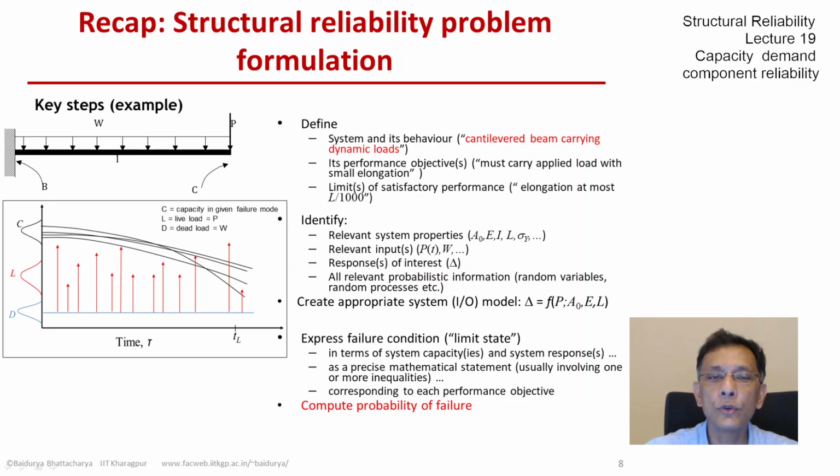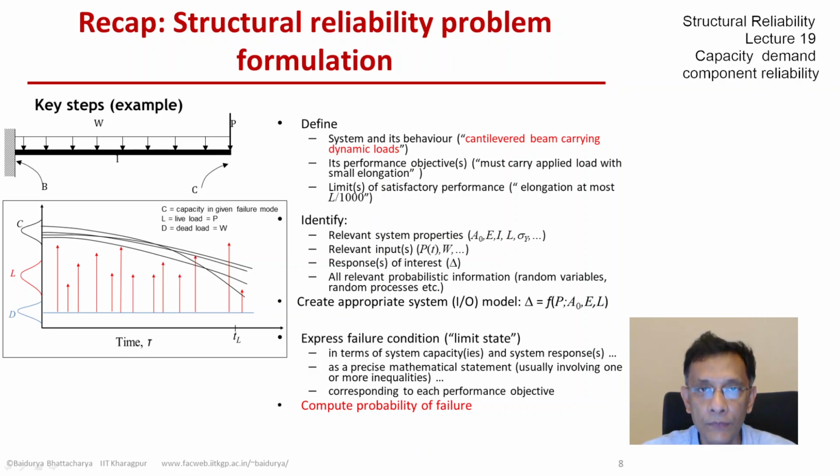So now we need to identify the appropriate system properties, which you see on the screen, identify the relevant inputs, the response of interest, all the probabilistic information, including the random process P, the point load, and then an appropriate system model, and then have the failure condition, the limit state, and then we can compute the probability of failure.